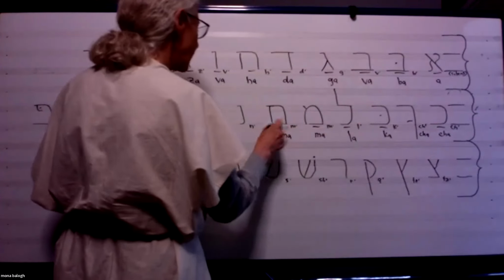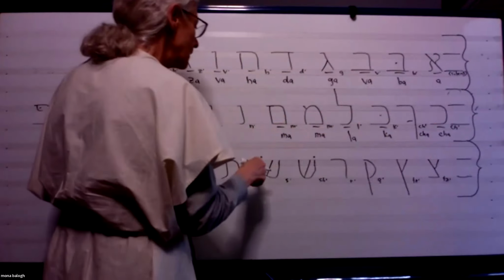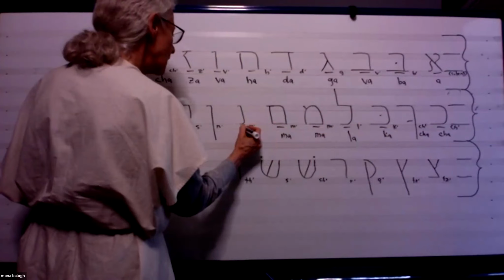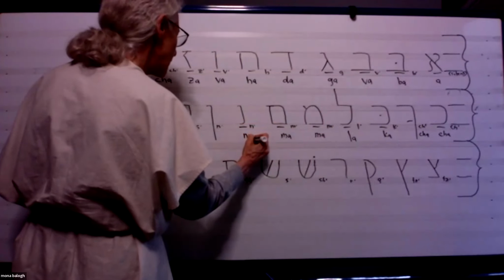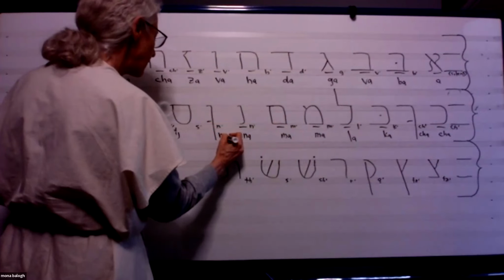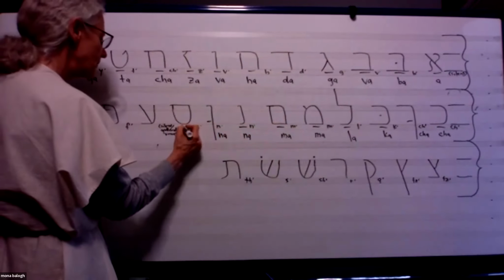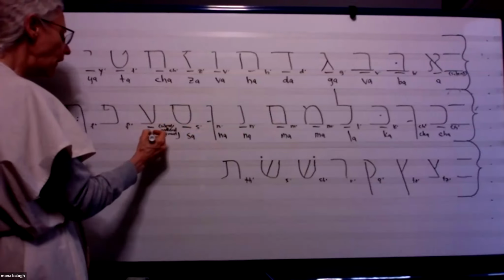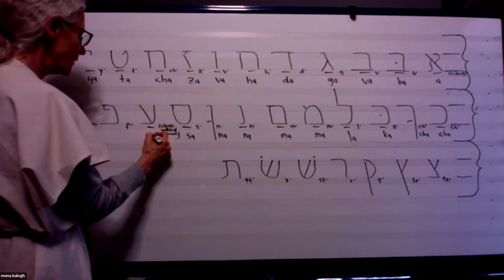Again, same problem with this as with the shva, but don't worry about it. This is just an exercise. Nun patach, na. Nun sofit patach, na. Same problem. Samech patach, sa. Ayin patach, o. I'll just put o.